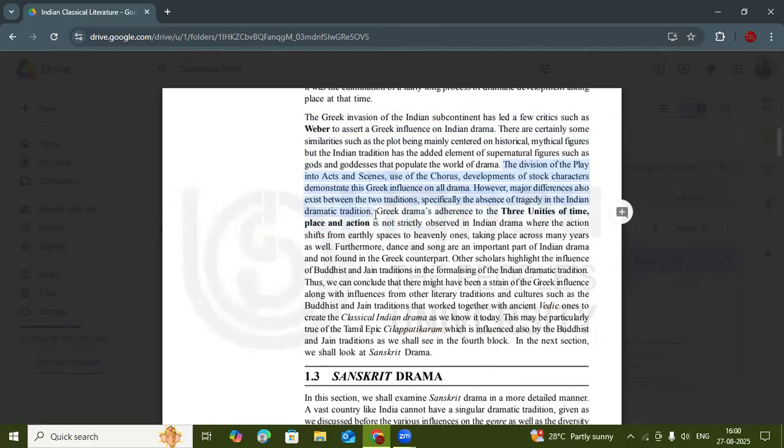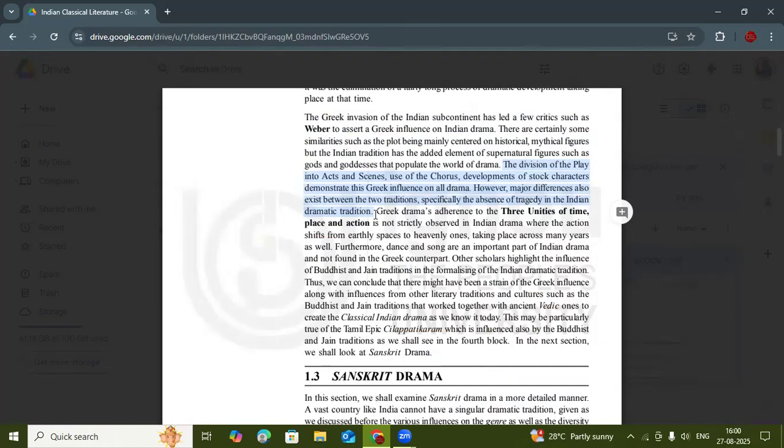Next sentence. The division of the play into acts and scenes, use of the chorus, development of stock characters demonstrate this Greek influence on Indian drama.